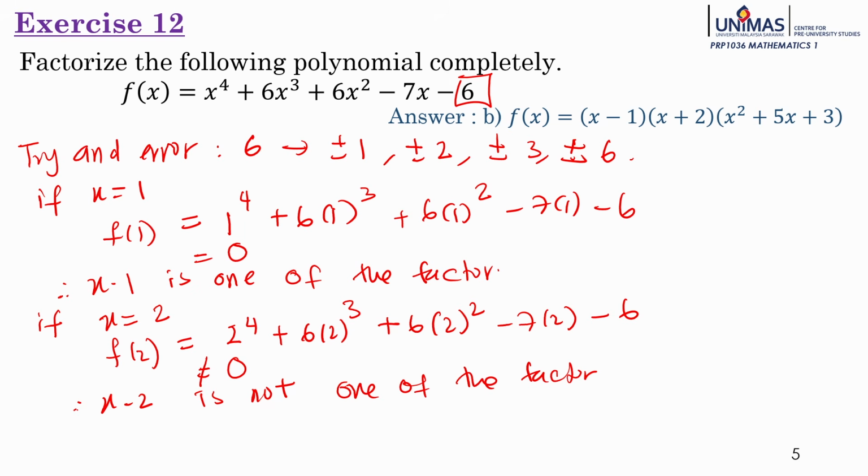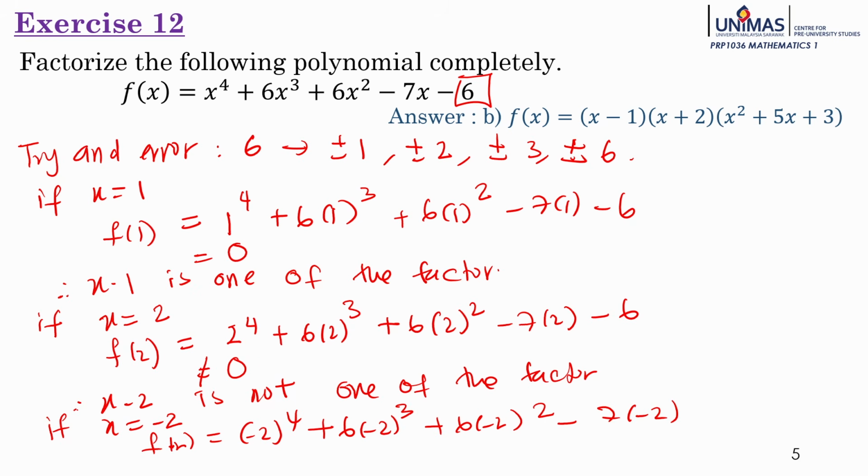The next number is x equal to negative 2. If you put x equal to negative 2, plus 6 times negative 2 squared minus 7 times negative 2 minus 6, you get the answer 0.